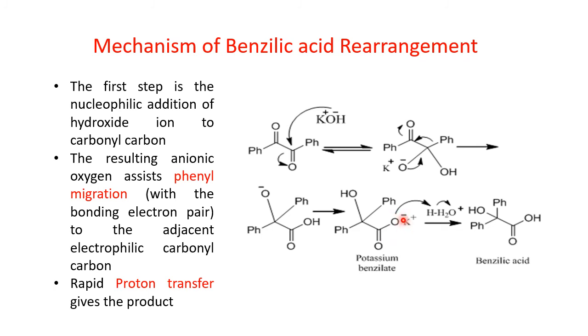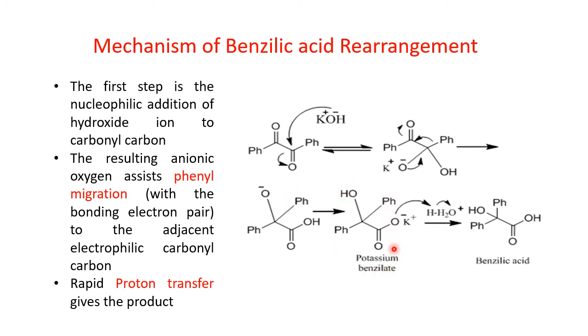And when there is conjugation, stability increases. So this minus charge is not in conjugation with any double bond, but here if this oxygen is negatively charged, it is in conjugation with the pi electrons of this CO group. So that is why there is rapid proton transfer from here to here.